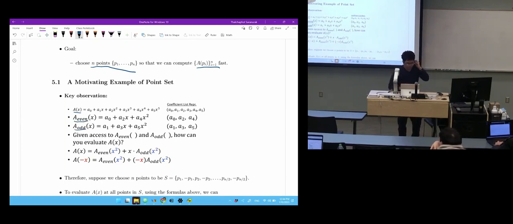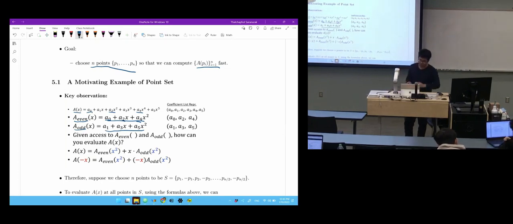That is, I collect all the even coefficients and write down the polynomial that has all the even coefficients of A, and do the same for A odd, which collects all the odd coefficients. So A even and A odd have degree n over 2 instead of n. They have smaller size. We do this because we want to do divide and conquer. We need to define a smaller problem somehow.